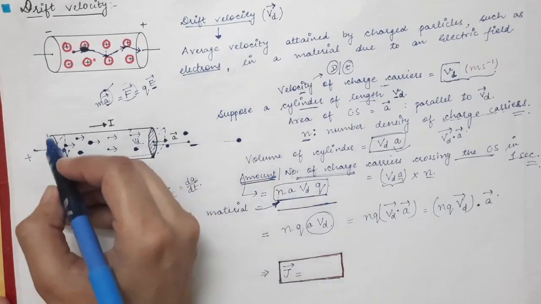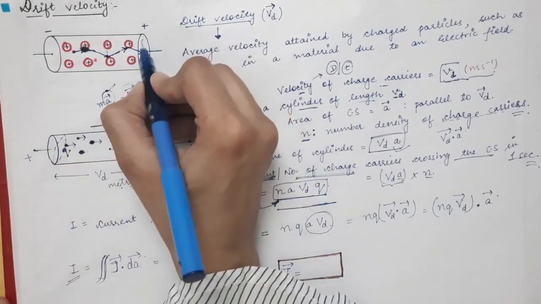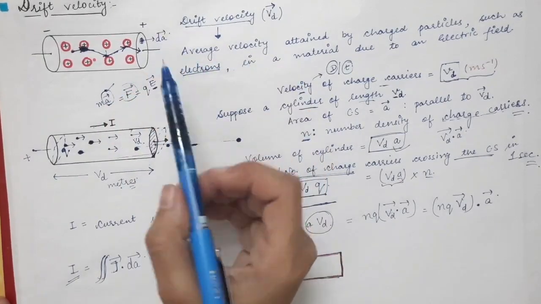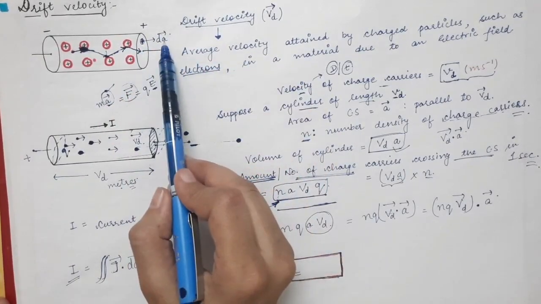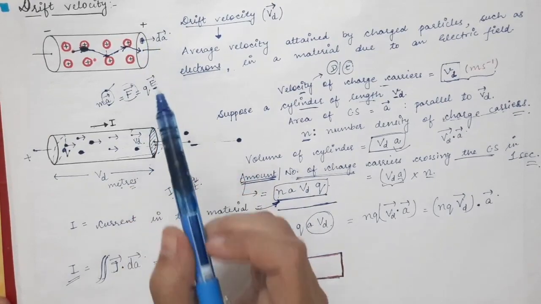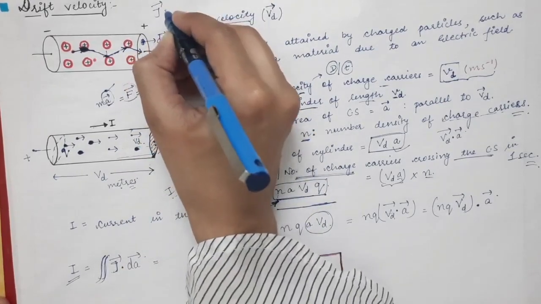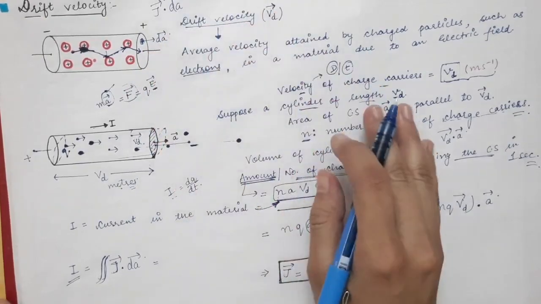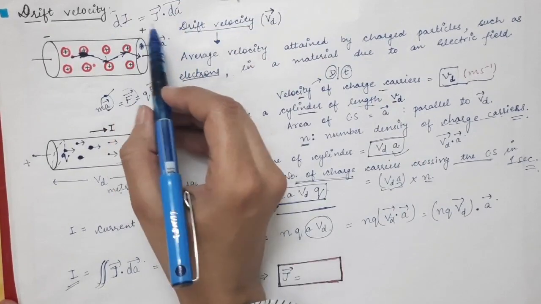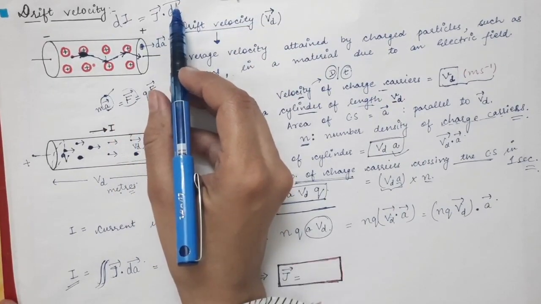So let's suppose over here I am taking some dA vector. The current flowing through this dA vector will be equal to J vector dot product with dA vector, which we already did in the previous lecture, where we saw that dI is given by J vector dot product with dA vector.